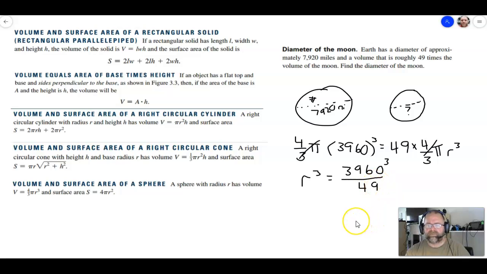There's a couple different ways to do this, but I'm going to let my calculator do this. I'm going to calculate this amount in my calculator, and then take the cube root of it in order to get r by itself.